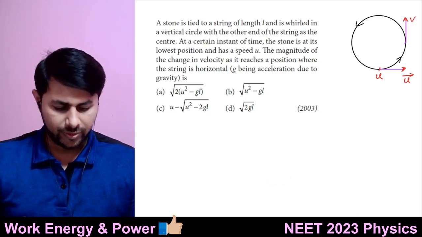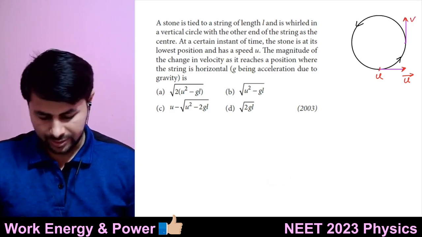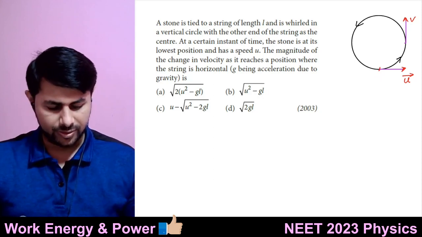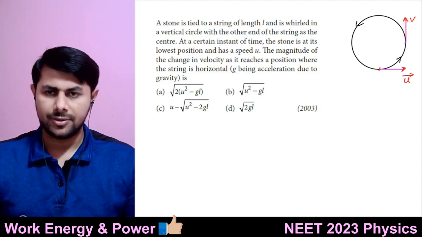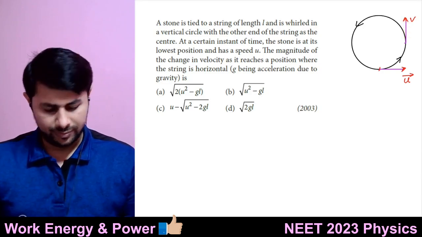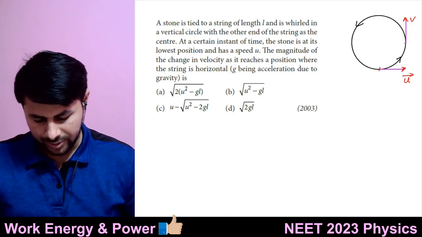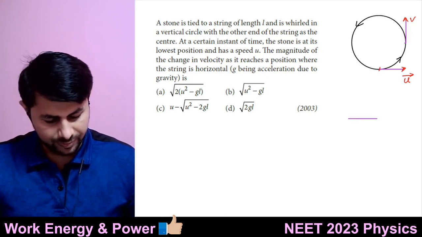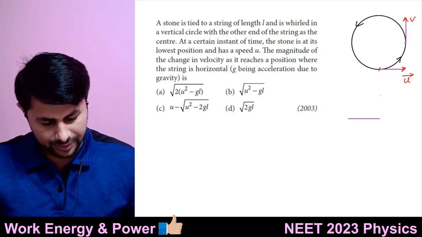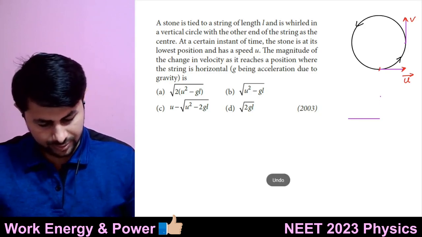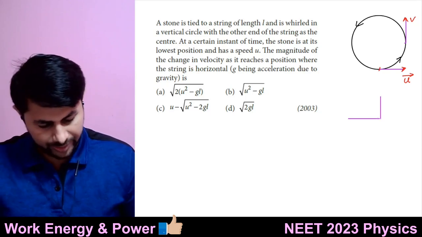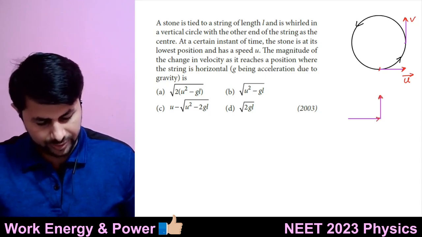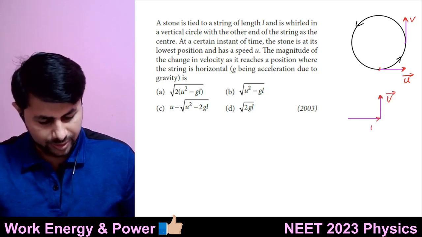Okay. So what is change in velocity? Let's call this one u bar and this one as v bar. So for that, this is your initial vector u bar and this is the final vector. Okay, and you want to subtract this one, v bar, from u bar.